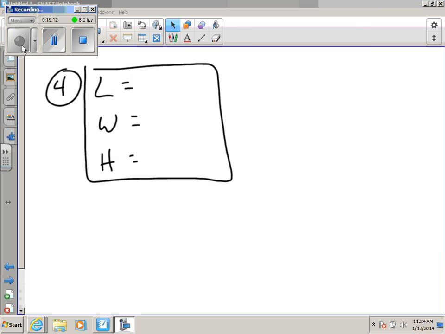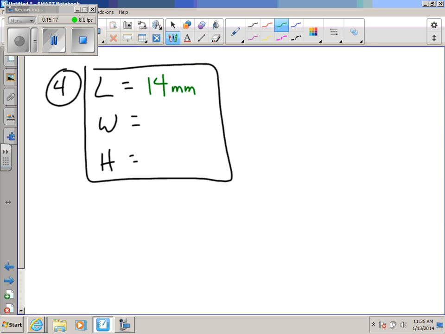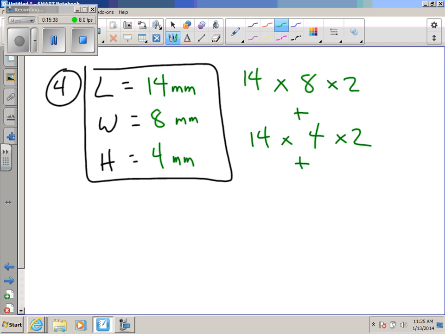So what's the length? You use 14. And then what's the width? 8. And then the height? 4. Okay, so length times width times 2 plus length times height times 2, and then width times height times 2. All right.